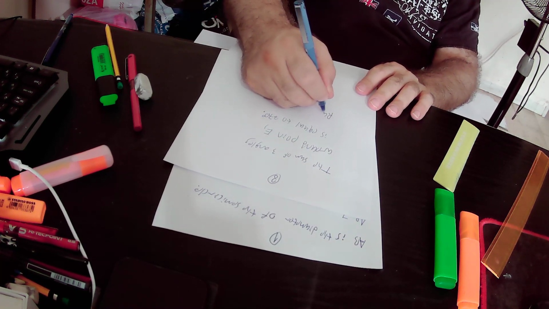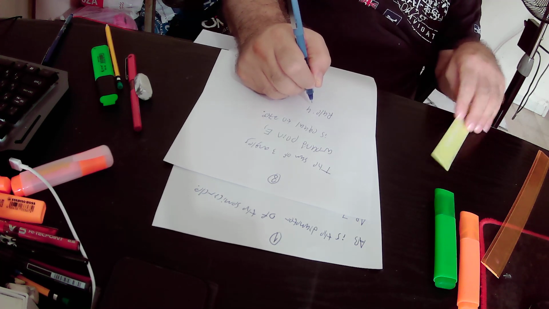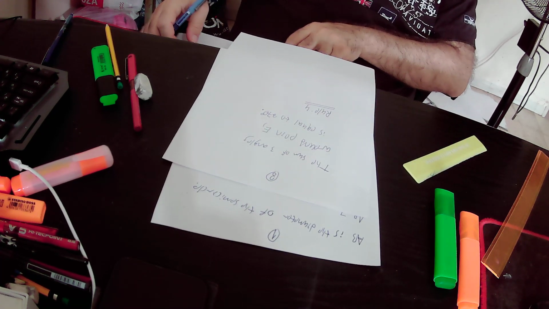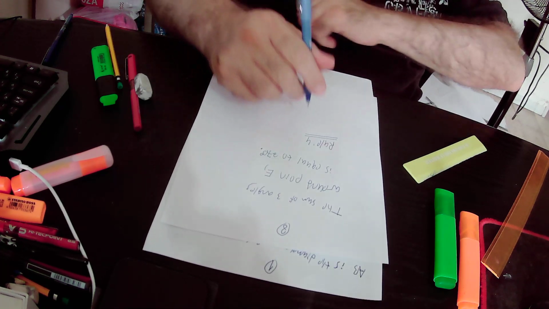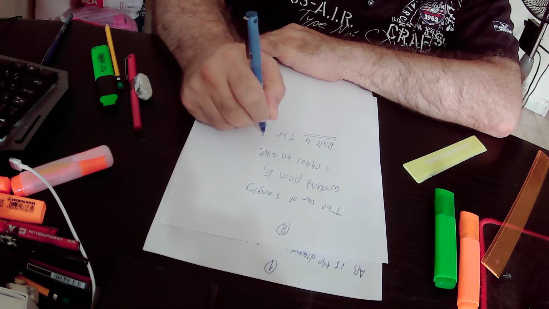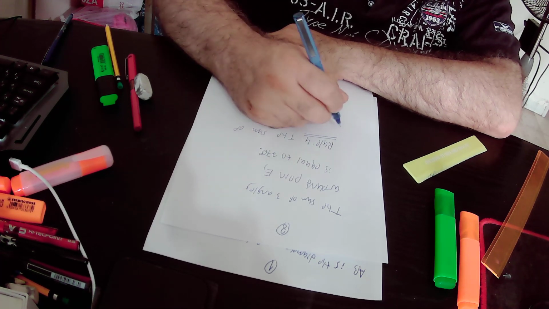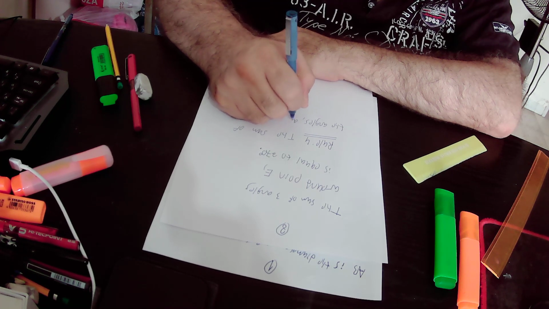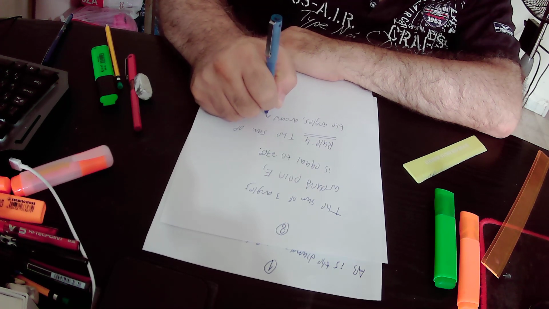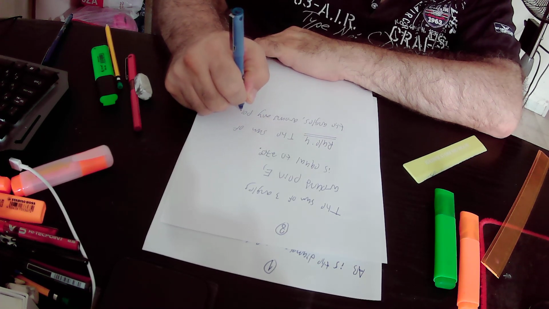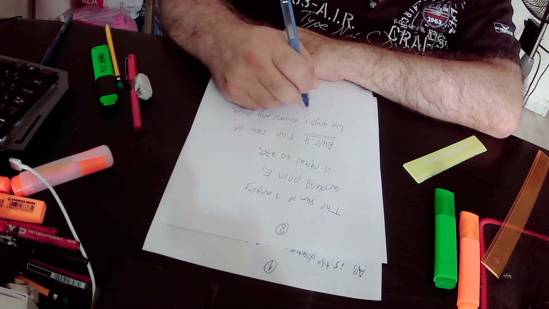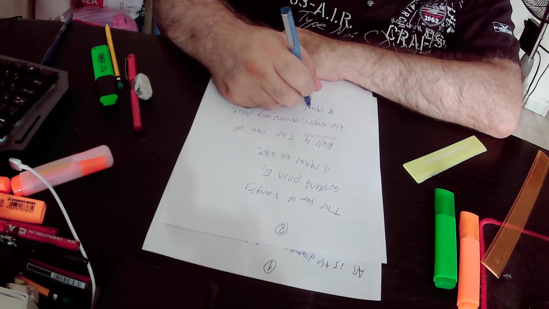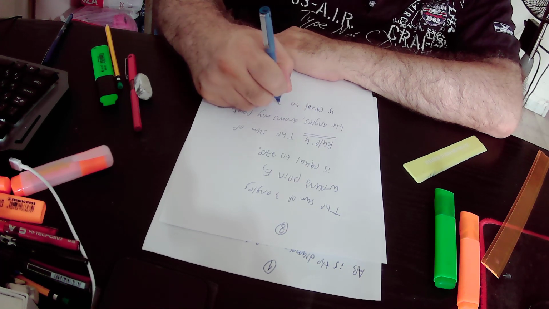Rule number 4 states that the sum of the angles around any point is equal to 360 degrees.